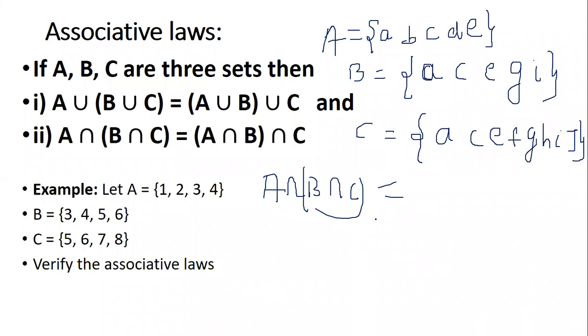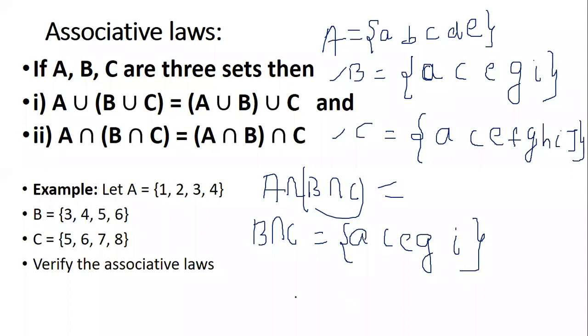We are supposed to solve B intersection C, which means B and C. Now, what are the common elements between B and C? A, C, E, G, I. I have all the common elements.